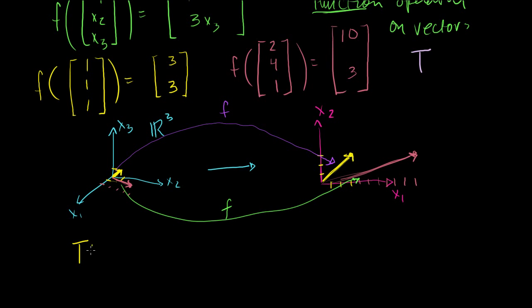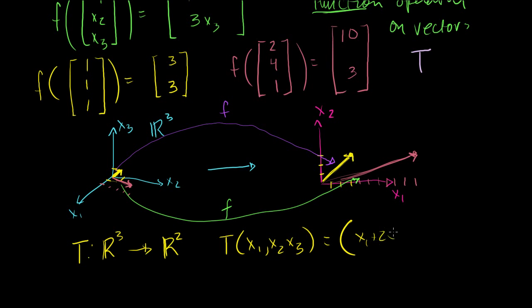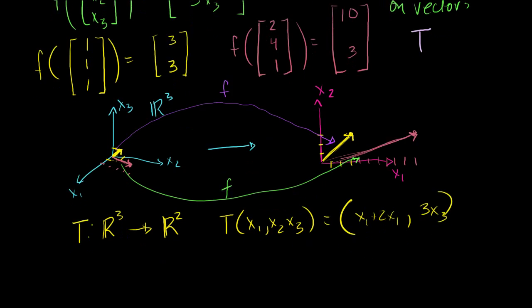I could have defined it similarly, a transformation from R3 to R2, and I could have said that T of (x1, x2, x3) is equal to the 2-tuple (x1 plus 2x1, 3x3). And just as similarly, I could have put a T up here, because I've defined it the same way. I could have said T of my vector (1, 1, 1) is equal to (3, 3).